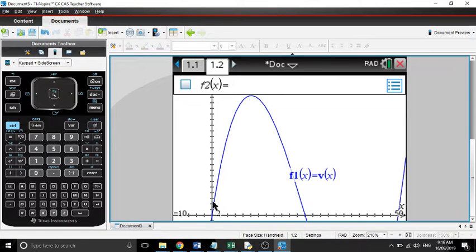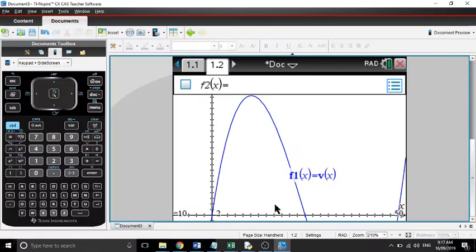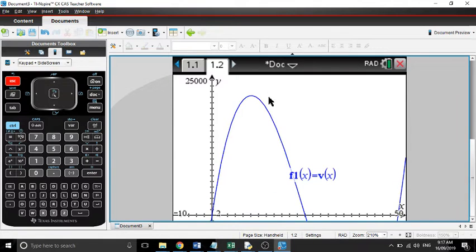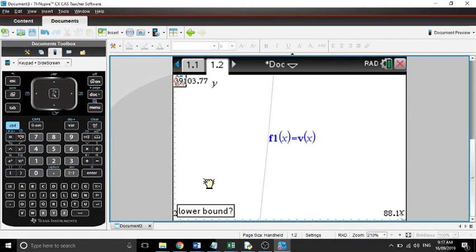Okay, so there we're seeing what's going on. Based on this, the question wants us to state the allowable values of x. What we want is where we're actually going to have a volume, which is this section of the graph here. That's a positive volume. Over here, we've got a negative one. You can't have negative volume, only positive. So we're going to look at analyze. Where is the 0?